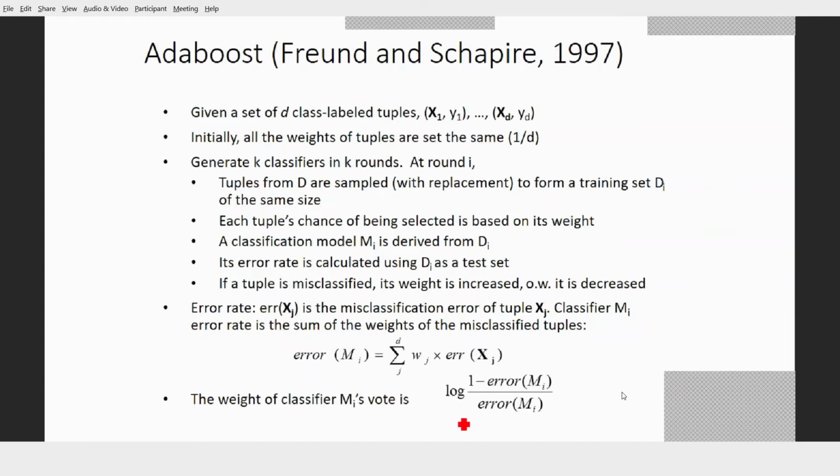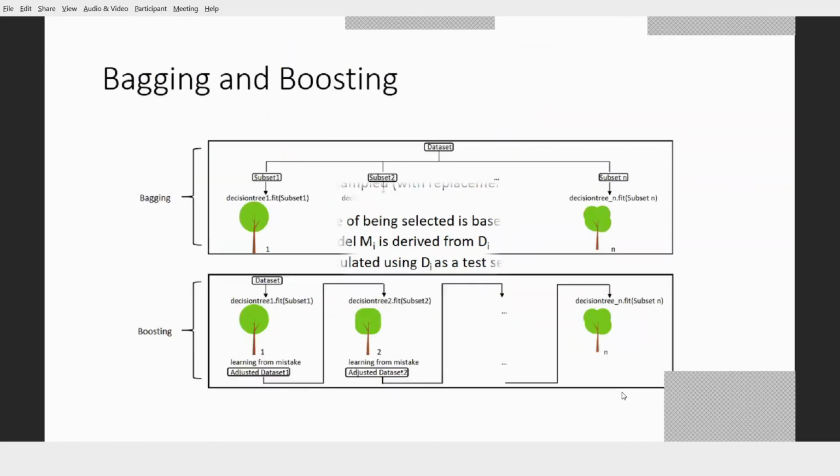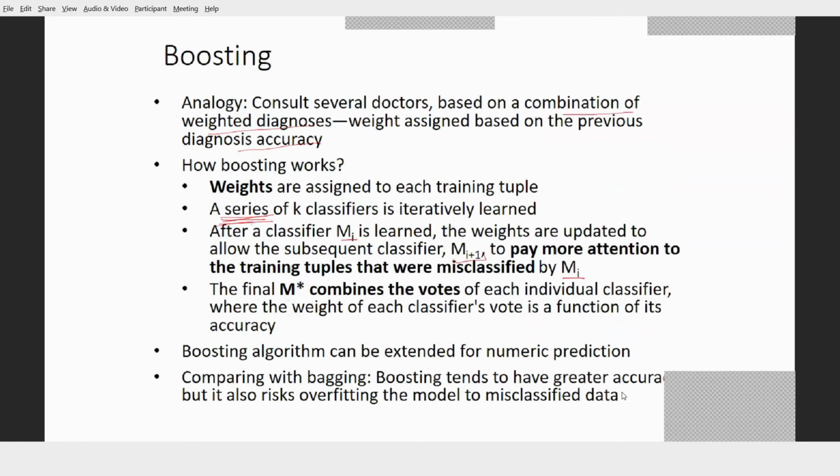The weights are updated based on the error. This is not exactly what the update algorithm should be. Yes, so what it is saying is that after classifier Mi is learned, the weights are updated to allow the subsequent classifier to pay more attention to the training tuples that were misclassified by Mi.